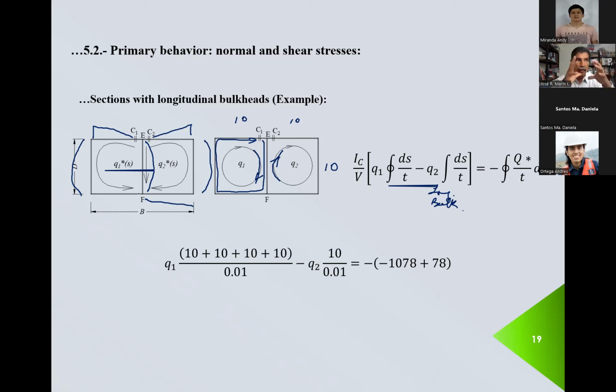So Q1 star is the shear flow in cell 1. Q2 star is the shear flow in the second cell. In your case, you're going to have 4 shear flows. But don't worry, I'm going to help you with the computer program. I give you the computer program.